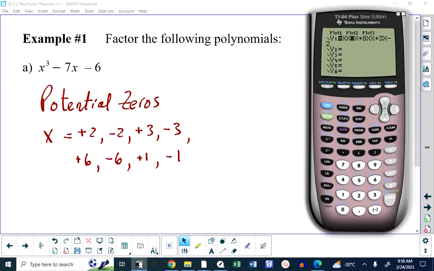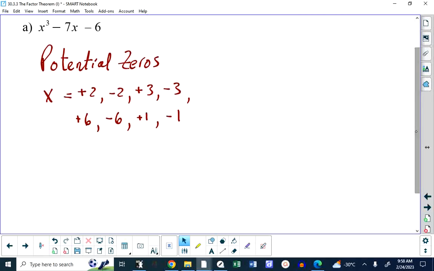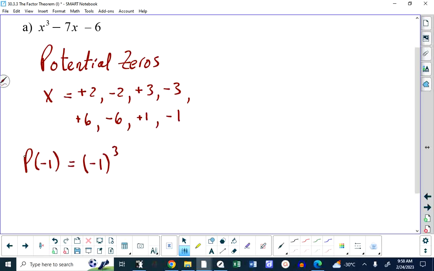Put in x cubed minus 7x minus 6. Double check it. Make sure it's right. Go to your table. Oh, there we go. Now I lucked out. I had negative 1 in there from the last question, didn't I? So what you would do then, if this were a written response, is you'd write that.